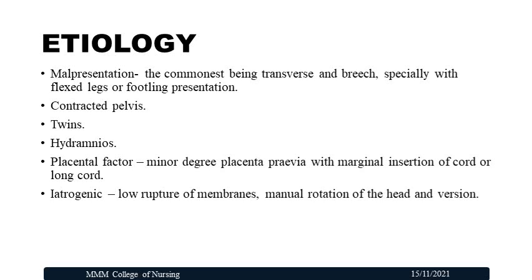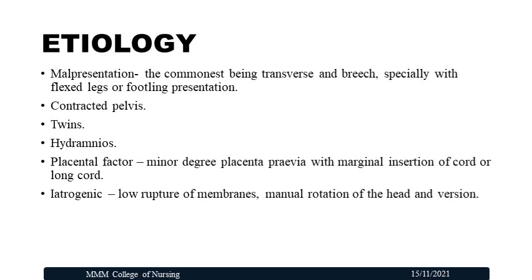Then in case of twin pregnancy and also in case of hydramnios. Then comes the placental factor, that is minor degree of placenta previa with marginal insertion of cord or long cord. So these are some of the etiological factors.